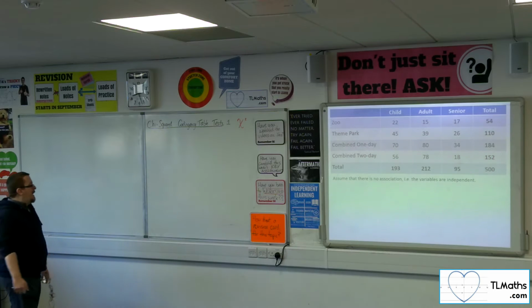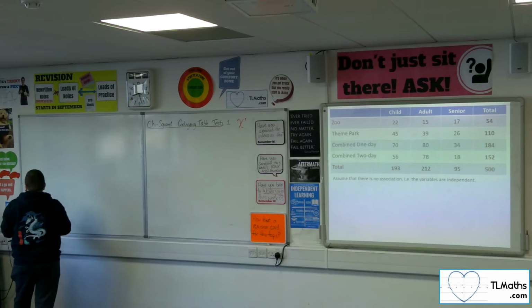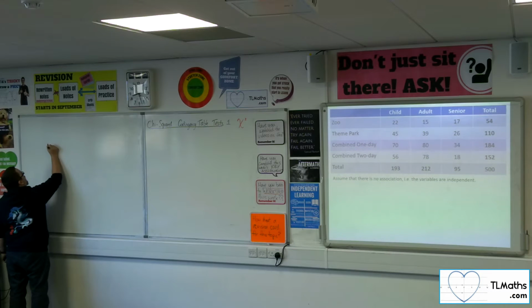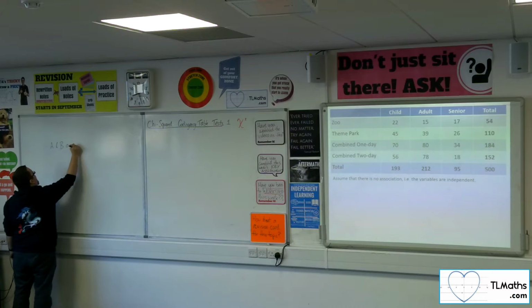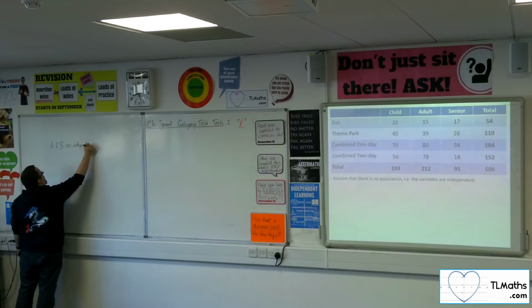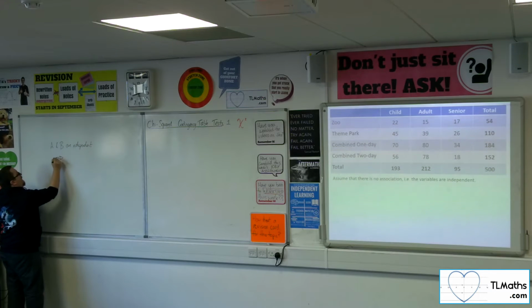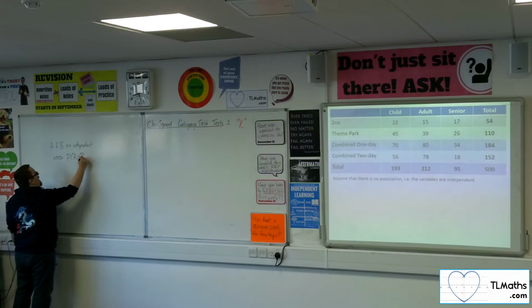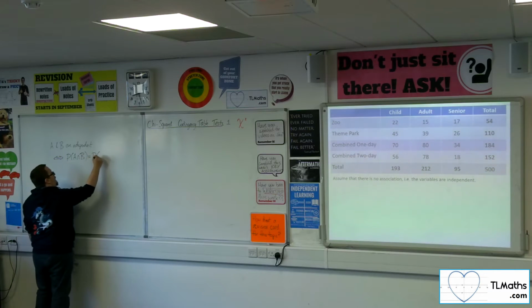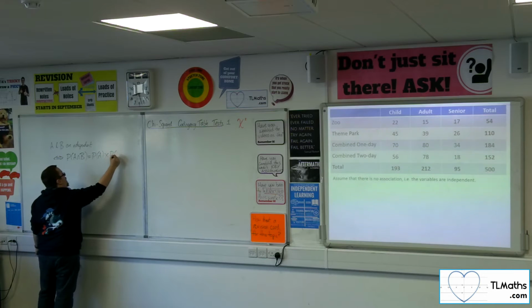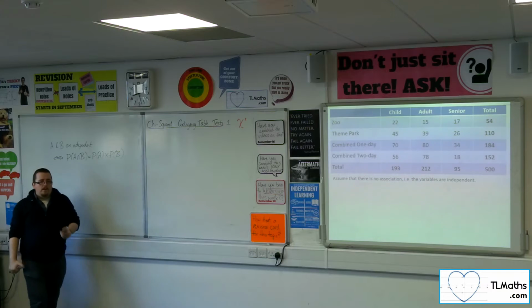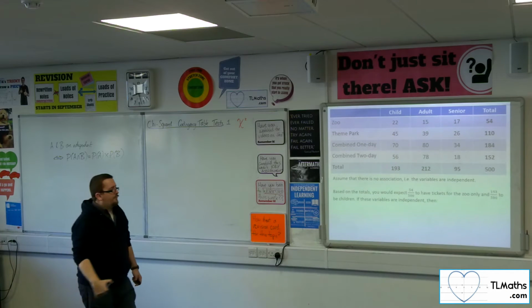Now, if we go back to the idea of independence, if two events A and B are independent, back at S1, if and only if the probability of the intersection is the same as the product of the probability of A and the probability of B. That's what we had back at S1.